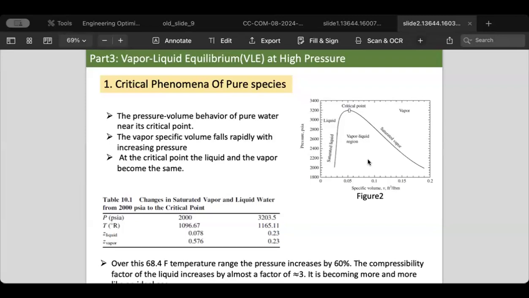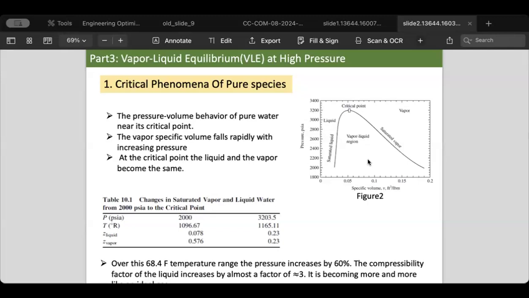Under this dome is the vapor liquid region, where we have equilibrium between vapor and liquid. On the left hand side is saturated liquid and subcooled liquid.